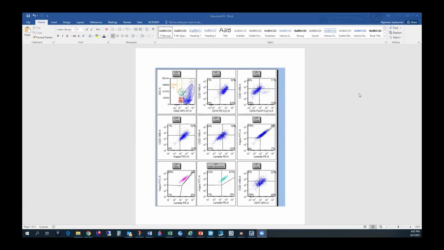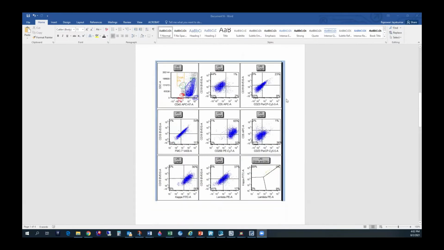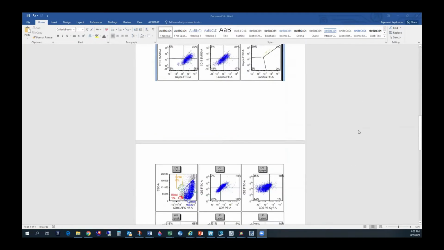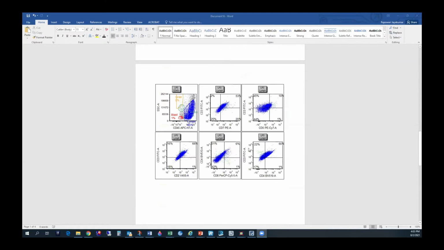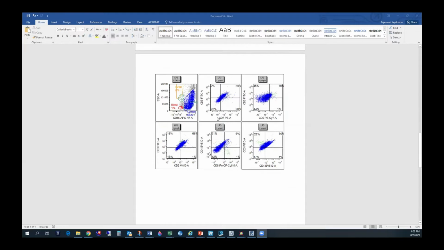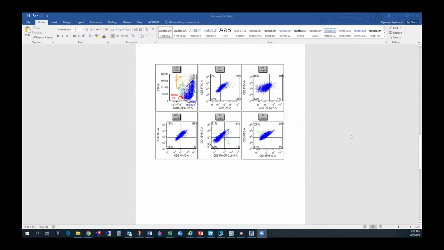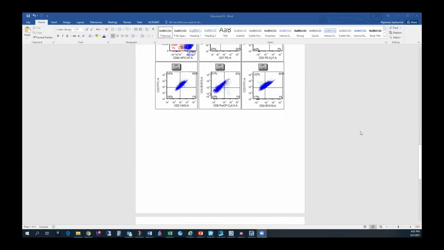And then this is another tube. Again, in the other tube, it's the same diagonal shape in all the plots. And then this is a T cell tube. So this is how we identify debris: if we see the same shape without being particularly positive for anything in all the plots. This is what we were talking about the other day.